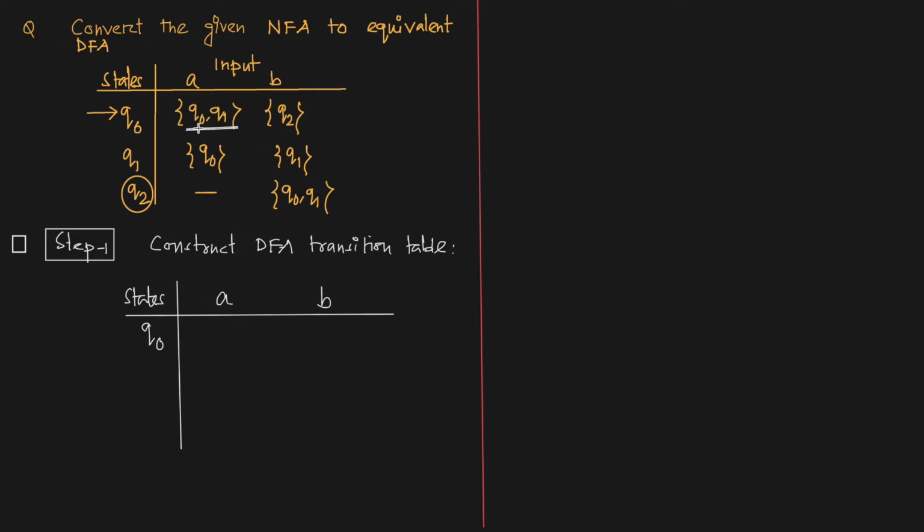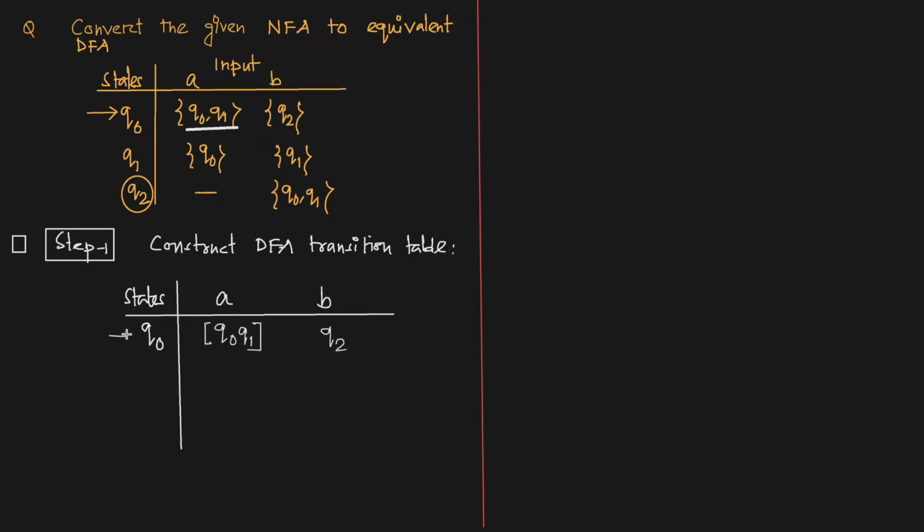So we make Q0 Q1 a single state. A single state we denote in square brackets. So let us consider [Q0 Q1] as our single state. When we construct the DFA table, we consider Q0 Q1 as a single state. Q0 on B is Q2, which is a single state.